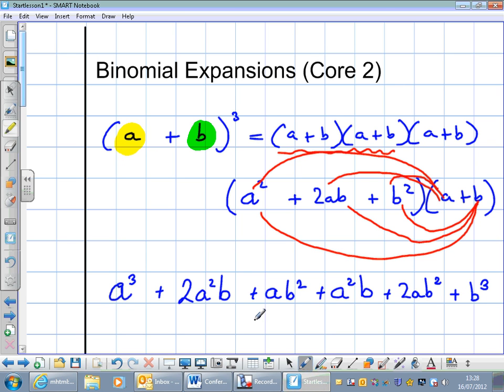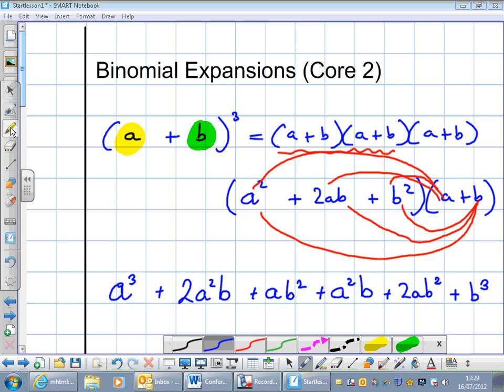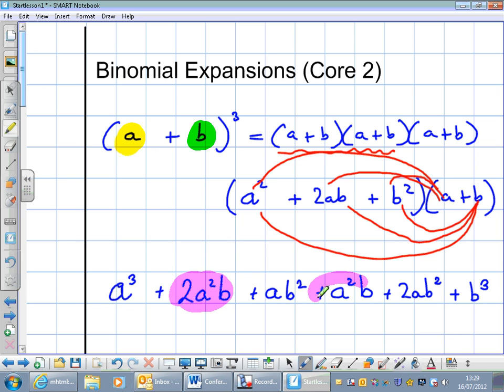Now here's why we put them in order. We're looking for like terms to simplify it. a squared b's, any other a squared b's? Yes, there is. We've got these here and these here. What about the other two terms? Well, if we look, they contain both the same letters and the letters are all to the same power.